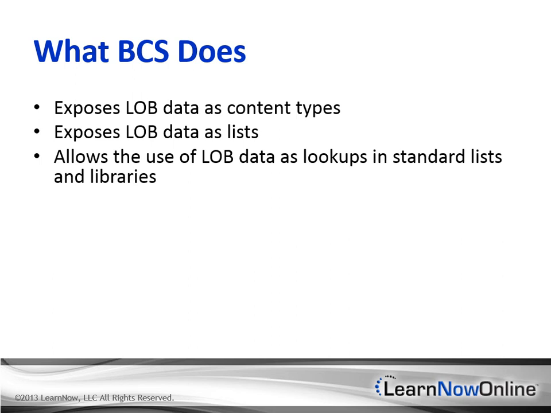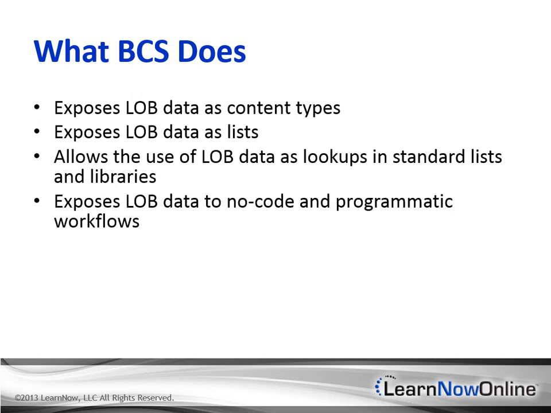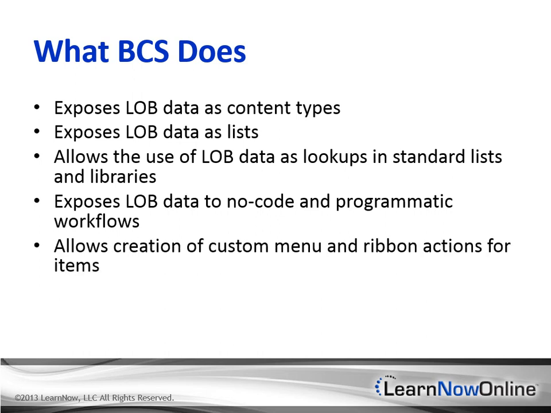We can also use the line of business data as lookups in standard lists and libraries. So we can create an external column and then use that in a list to do lookups of data. And that's great. We can expose our line of business data to no-code and programmatic workflows. Workflows can consume lists, and this is just another list, so those workflows can consume this type of list also. With regular lists, we can create custom menu and ribbon actions for items.